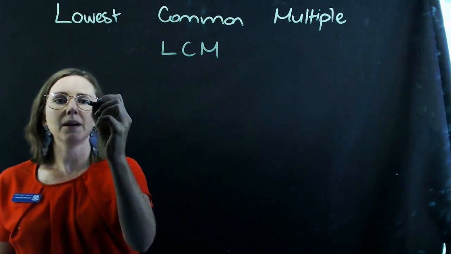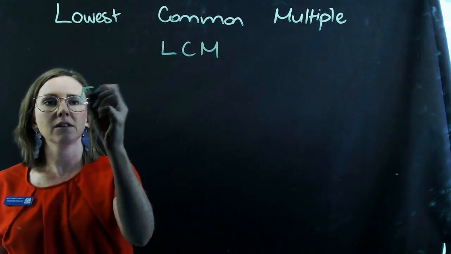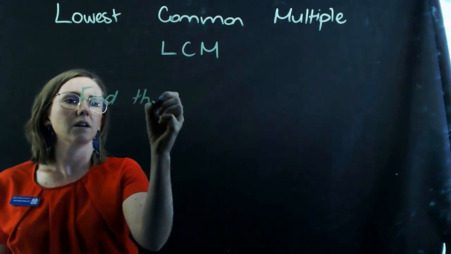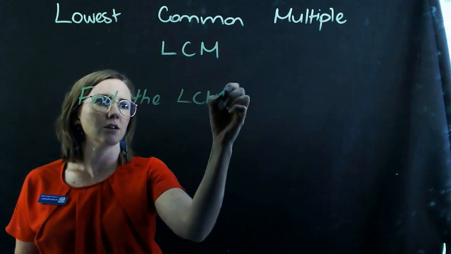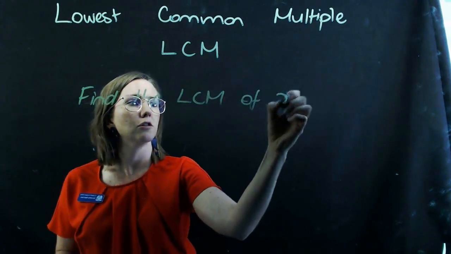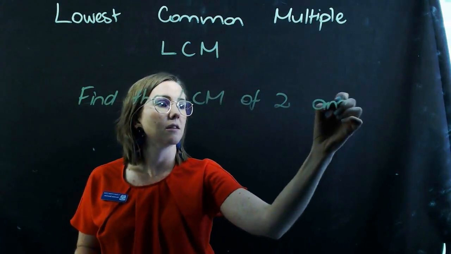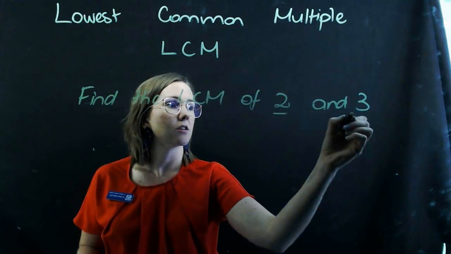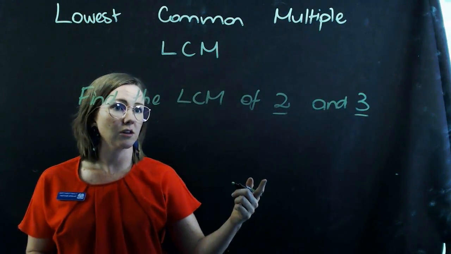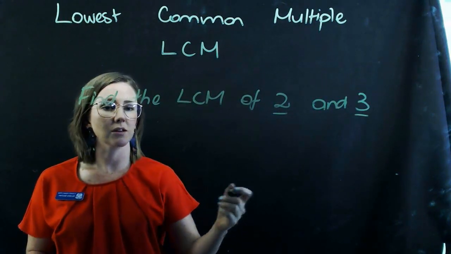So it might be: find the LCM, lowest common multiple, of 2 and 3. So they're the two numbers that you've been given to work with in this question.